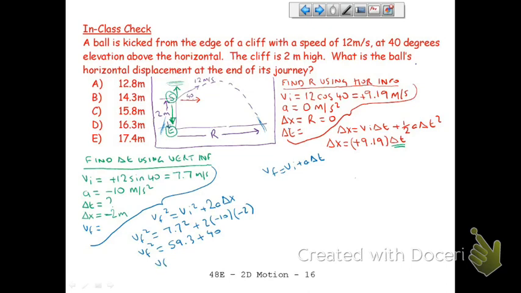So VF is equal to the square root of 99 point something, which we're going to call 10. And here's the catch: what's wrong with that value? 59.3 plus 40 is 99.3. Square root of 99.3 is close enough to 10. What's wrong with that value?